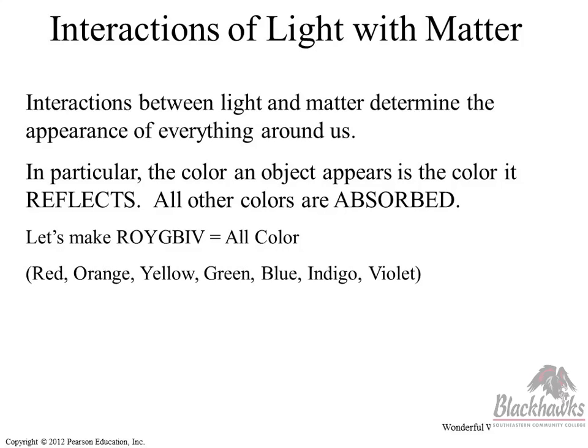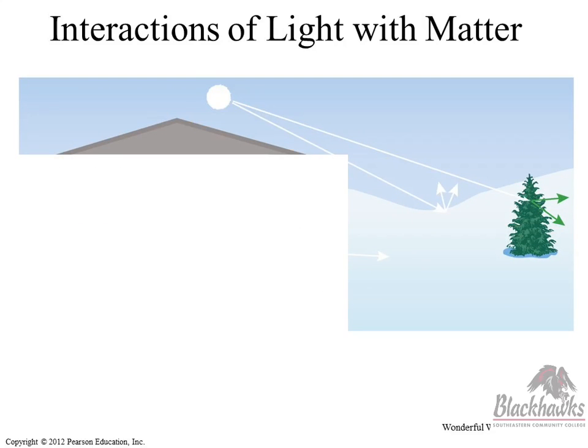But the reason you see something, anything, is because that is the color that is reflecting. Just like the reason you see a green leaf is because that's the color that's reflecting. Everything else is absorbed. So I have an example here. I think this is a figure from your textbook.